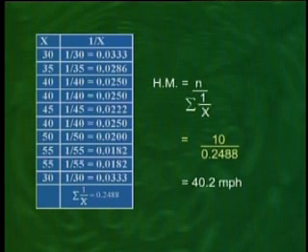And students, this is exactly the same answer as what we obtained a few minutes ago as the correct average speed of this vehicle. Students, you have seen how to compute the harmonic mean. Now the key question is, in what situation should we be using the harmonic mean?